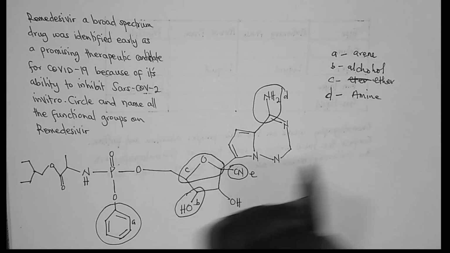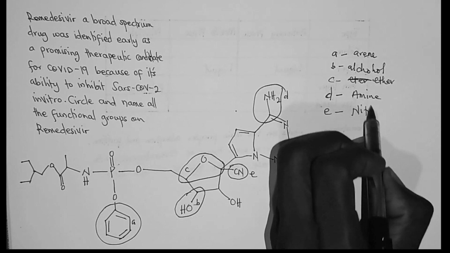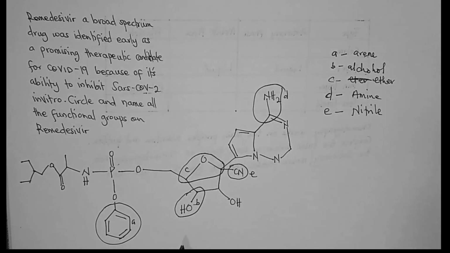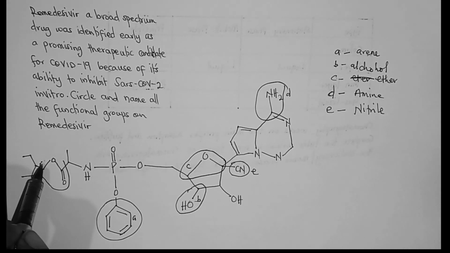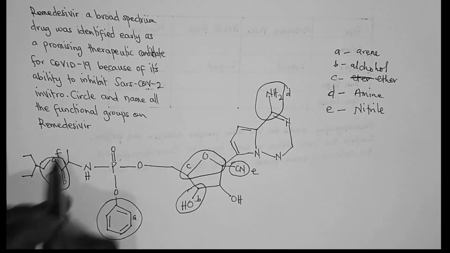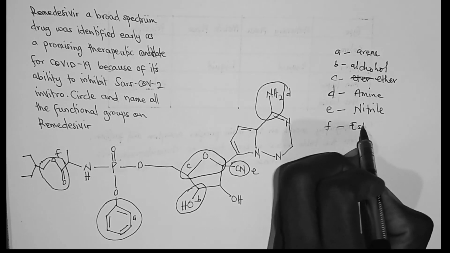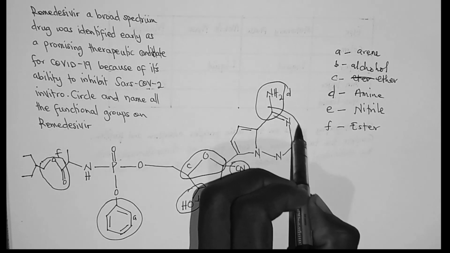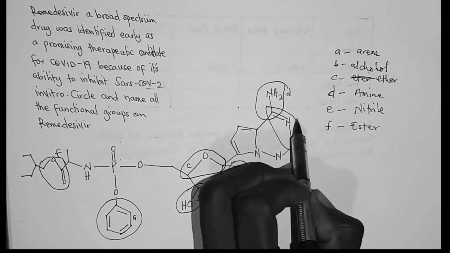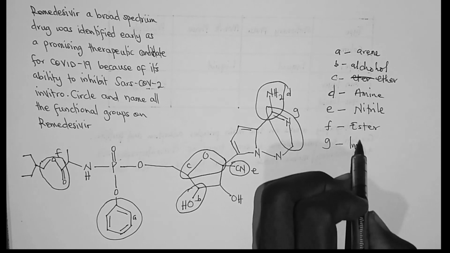So E. E is a nitrile. And also there is this functional group which is here. And then this functional group is F. So F is an ester. And apart from that, there is also this functional group here, G. And G is the imine functional group.